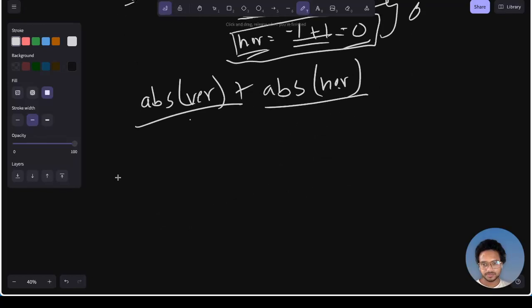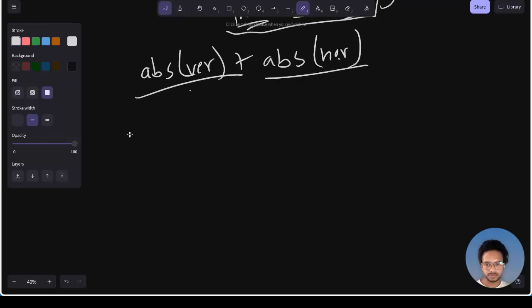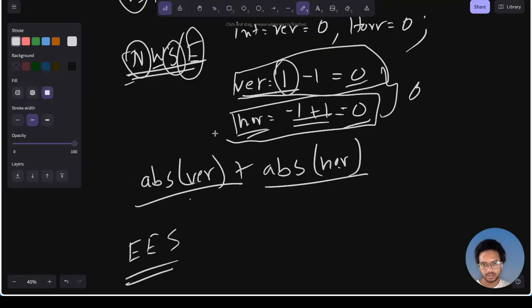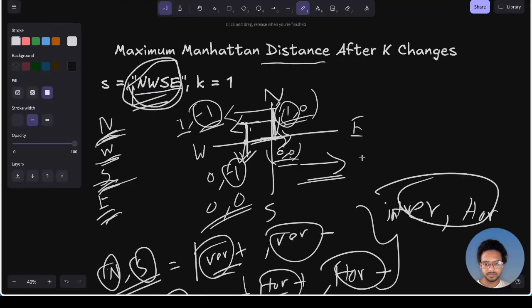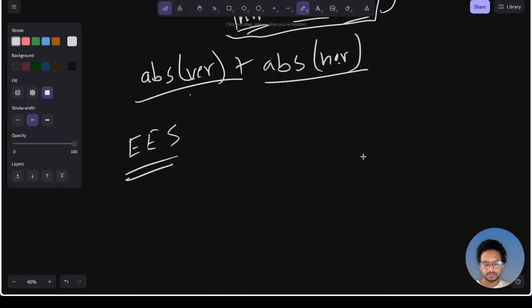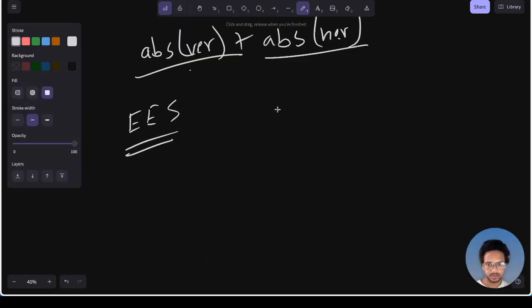For example, if it was E, E and S, I'll just do it like this: north, east, south, west. For EE, it will go two distance, and for south, it will come back one distance.